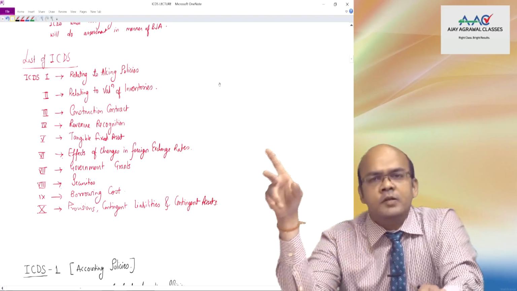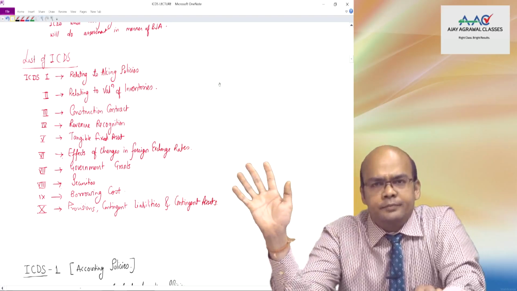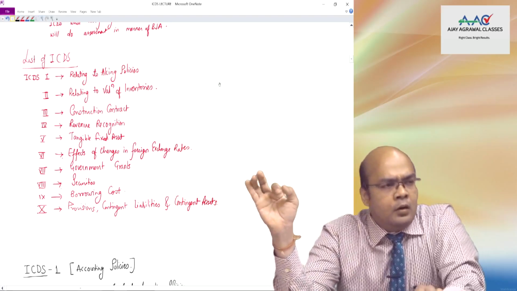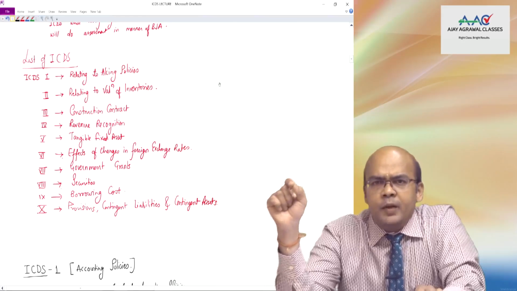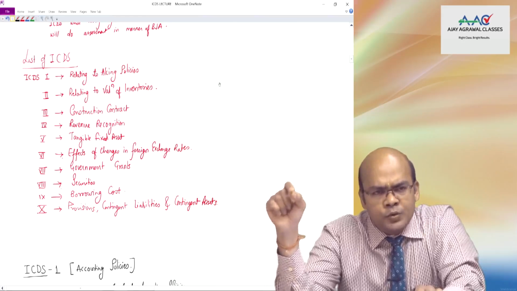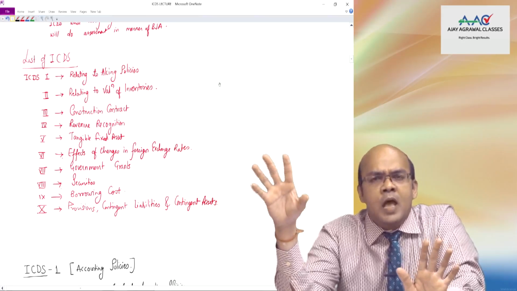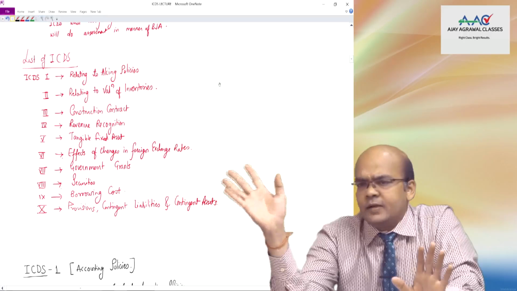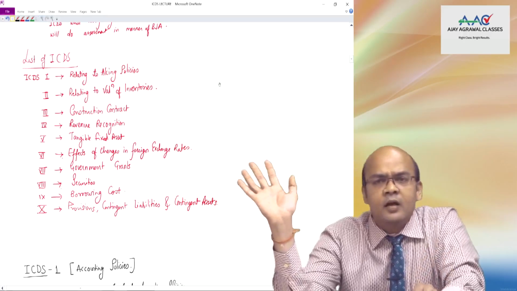Now there is a difference which you should at prima facie stage itself it should be clear. Construction contract does not mean ki where a builder is developing his own site, constructing it as per his own parameters, and thereafterwards he is selling the flats. That will not come in ICDS 3.